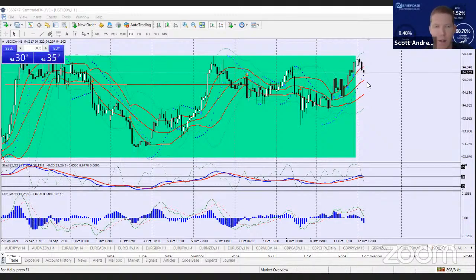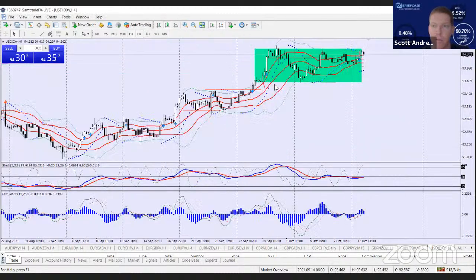It's been a tough one, the US dollar, especially last night. Leading into the US Open, we were seeing a little bit of US dollar strength. It pulled back a little, then pushed again. But what this chart is showing us is that for now, this 94.50 level is proving itself to be pretty stubborn.